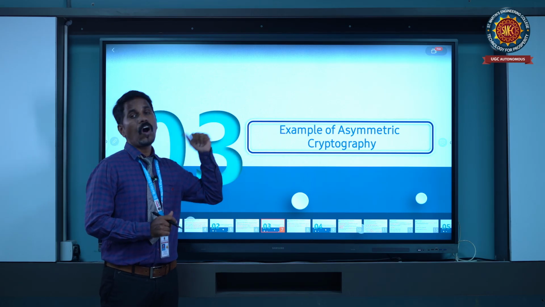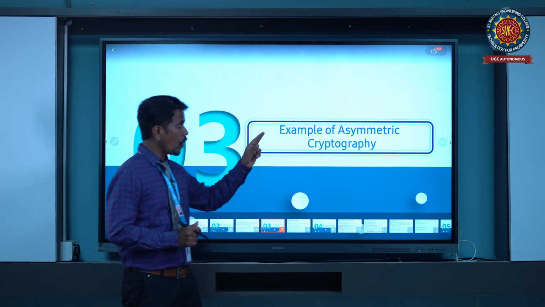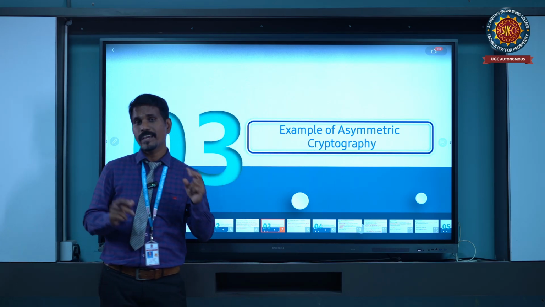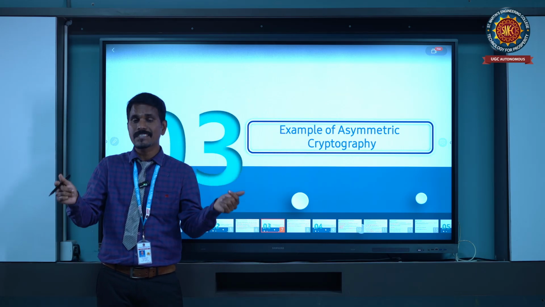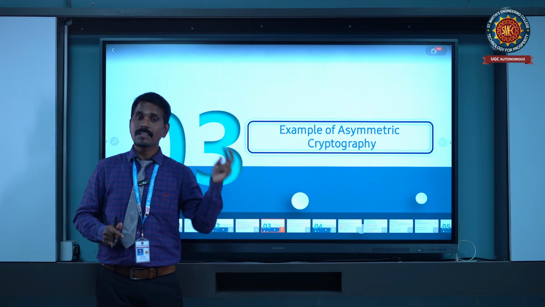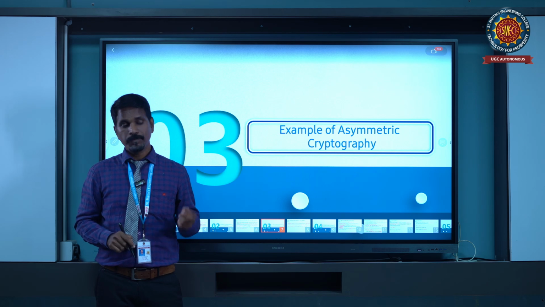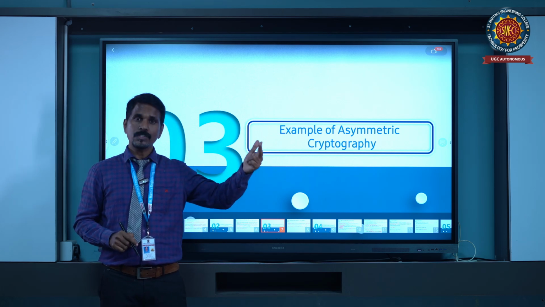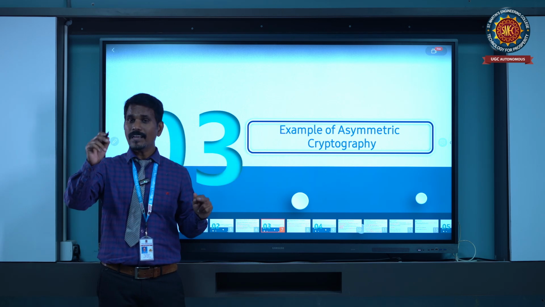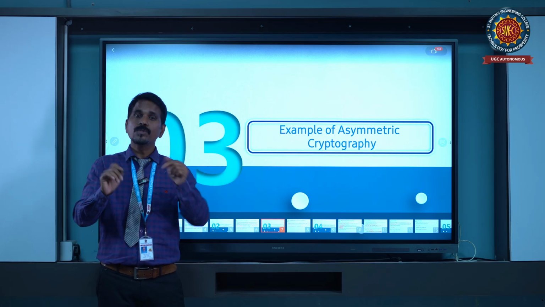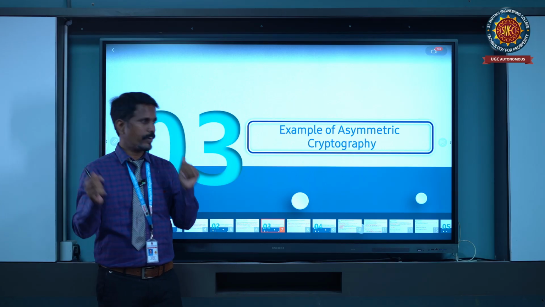But the RSA algorithm is one of the asymmetric cryptography in which we use two different keys. One is the public key for the sender and the private key for the receiver. When the sender sends the message using the public key, the receiver decrypts it using the private key. That is the difference.